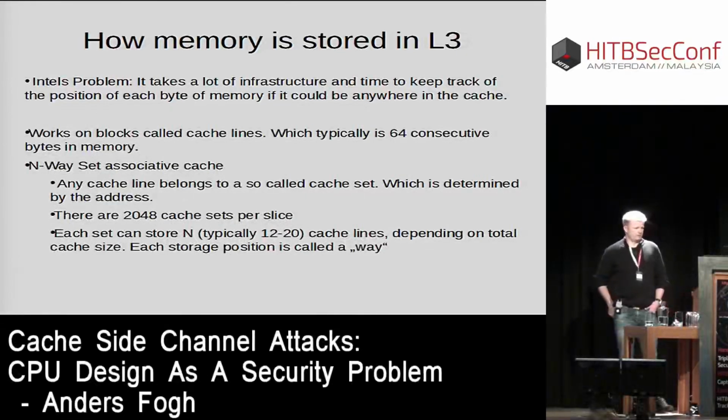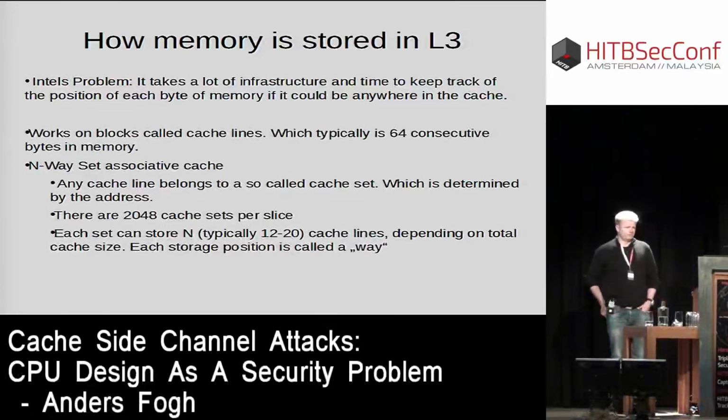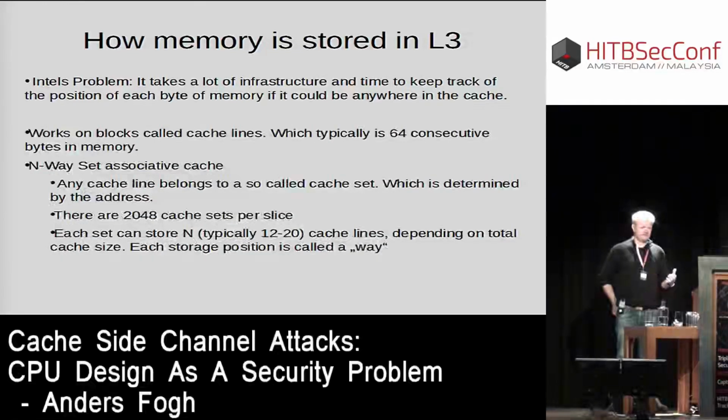So Intel has made the L3 cache an n-way set associative cache. What this means is that any cache line belongs to a cache set, and the cache set to which it belongs is determined by the address, meaning that from the address you can tell where in the cache a certain cache line is going to be. There are 2,048 cache sets per slice, meaning that on a 2-core CPU it's 4,096.